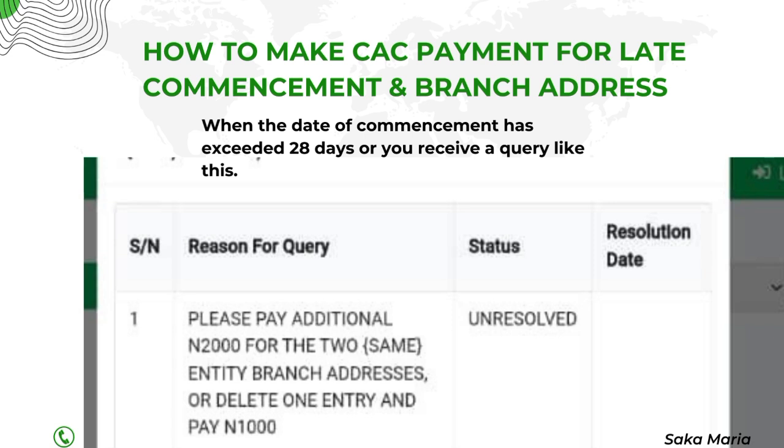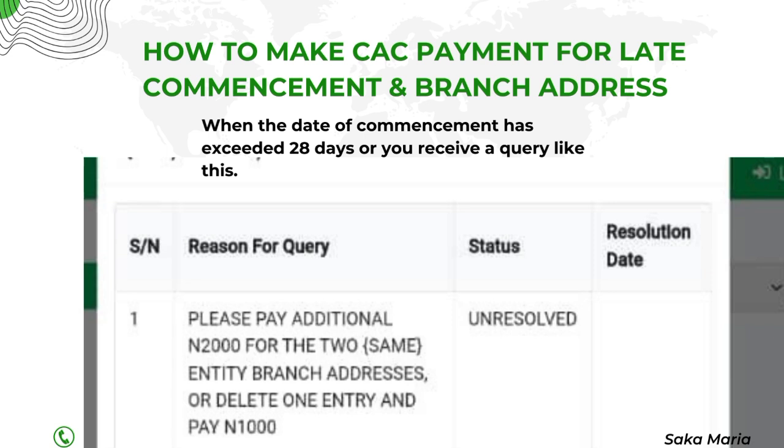Take for instance, I'm recording this video in July, right? If I'm to do any incorporation and I put a commencement date, let's say January, it means I'm going to pay 150 naira per day because it has exceeded 28 days.